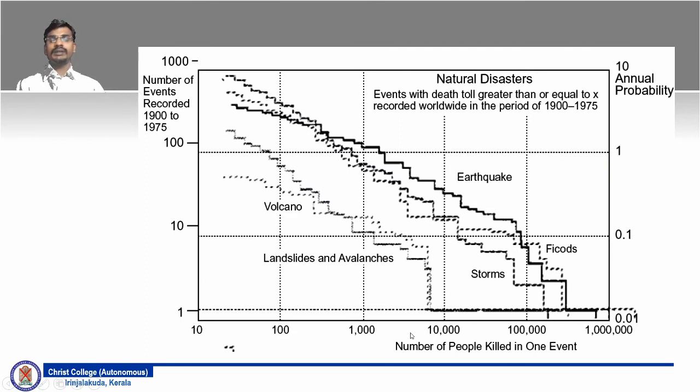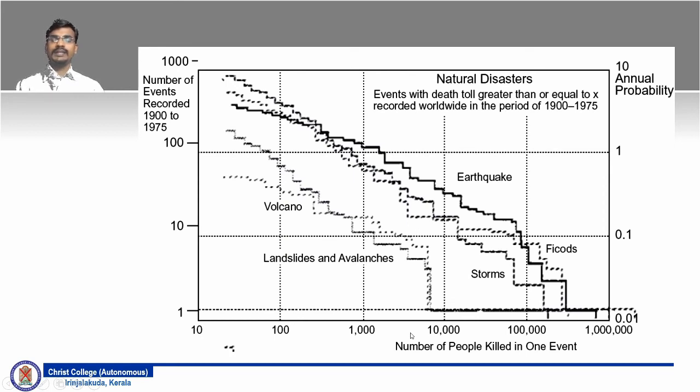Now, this graph considers the natural disasters which records the worldwide events of death toll between 1900 and 1975. On the left y-axis is plotted the number of events recorded between 1900 and 1975, on the right-hand y-axis is plotted the annual probability, and the x-axis shows the number of people killed in one event.